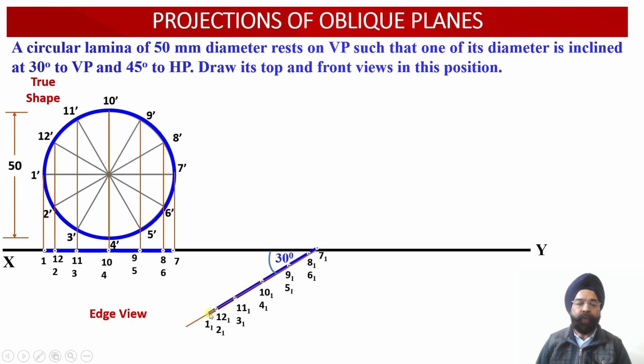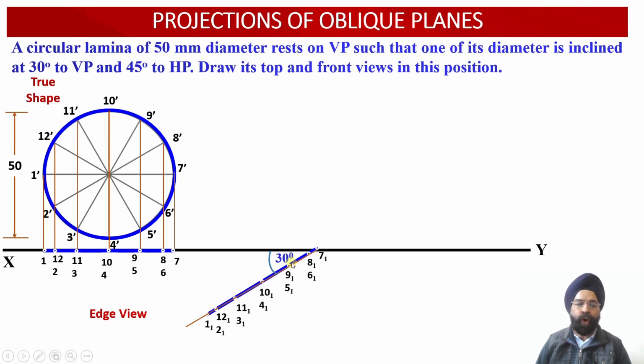So now we know the distances of all of these points with respect to 7 1 or with respect to 1 1. We know this distance, between 1 1 and 7 1, happens to be 50 millimeter. Now we need to measure the distance between 7 and 8, 6, 7 and 9, 5, 7 and 10, 4, 7 and 11, 3, and 7 and 12, 2.